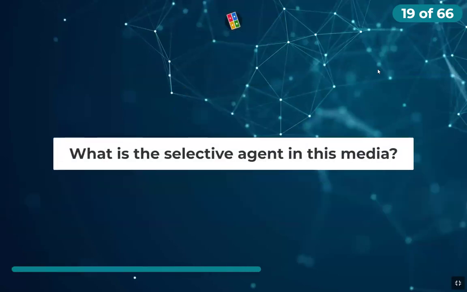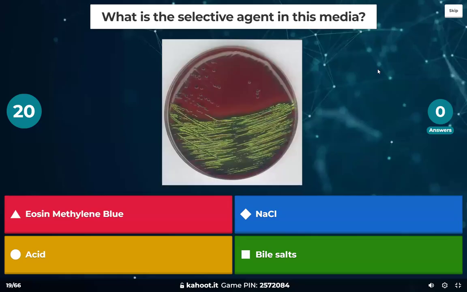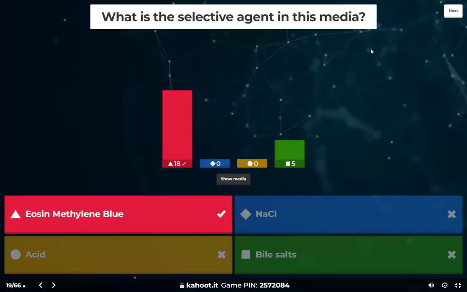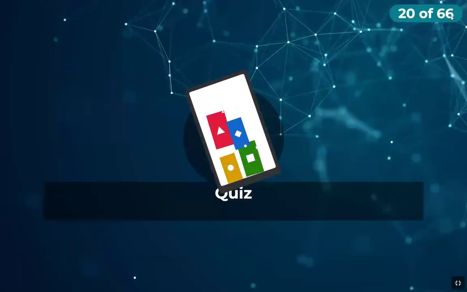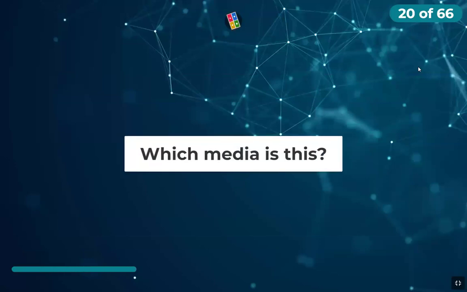All right, what is the selective agent in this media? Same one, I just said it. Again, this is very similar to the questions that you're going to get on the test. So that's EMB, eosin methylene blue, prohibits gram-positive growth.